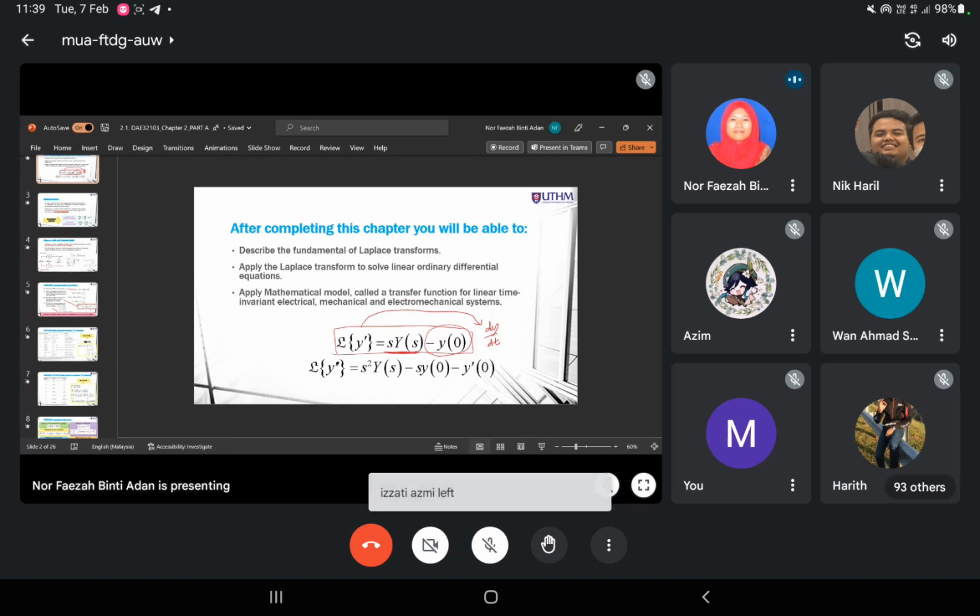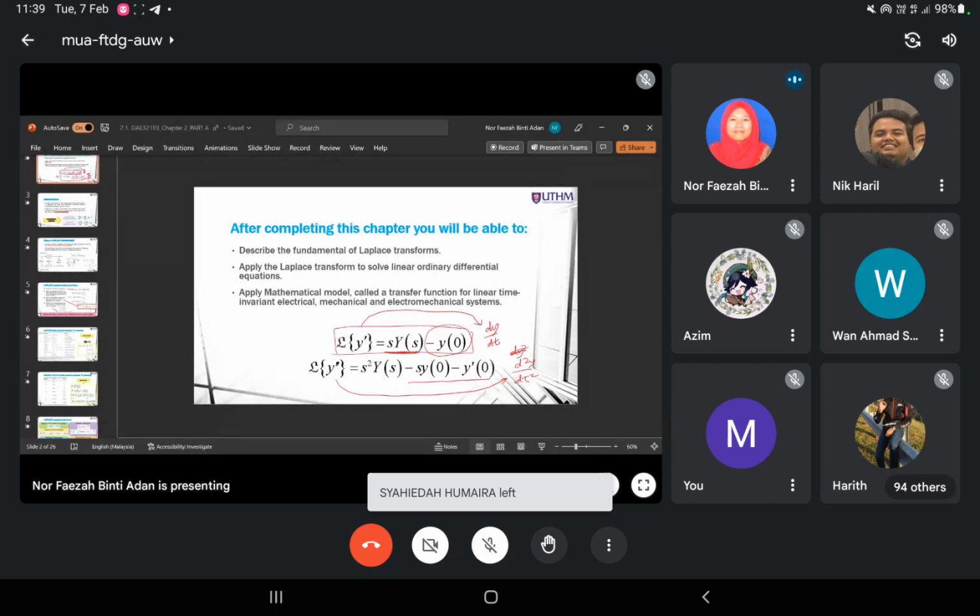Solve the differential equation. Okay, solve tu maksudnya get the S domain equation and then convert it back into a simpler version of time domain, which is using inverse Laplace transform. Okay, and then untuk differential equation d squared y over dt squared, dia ada two initial conditions.